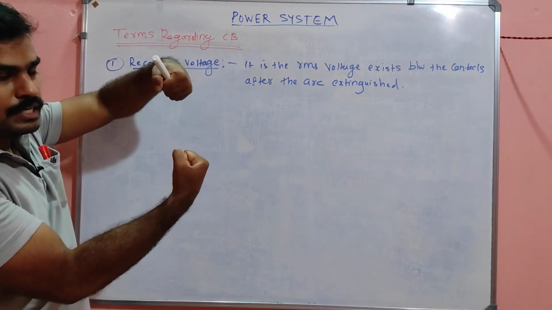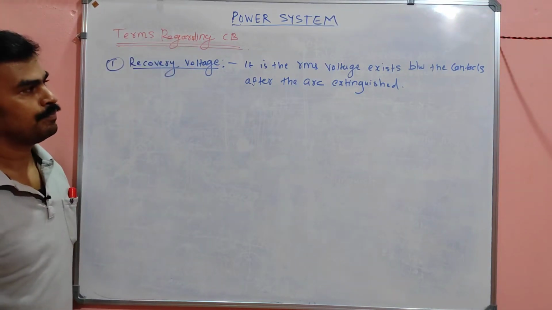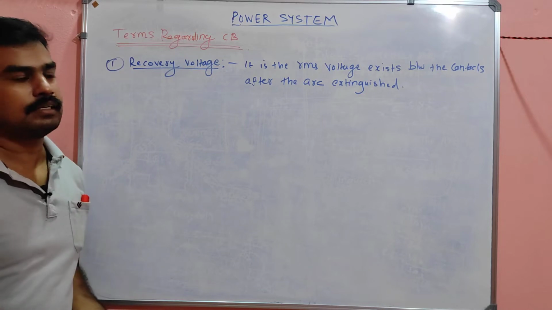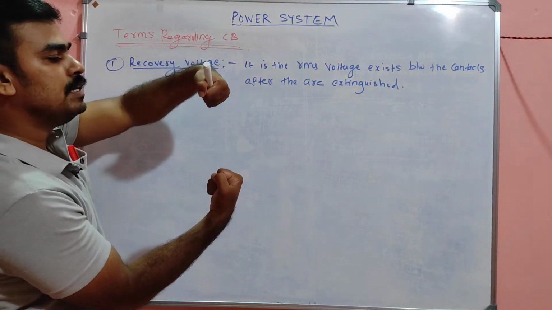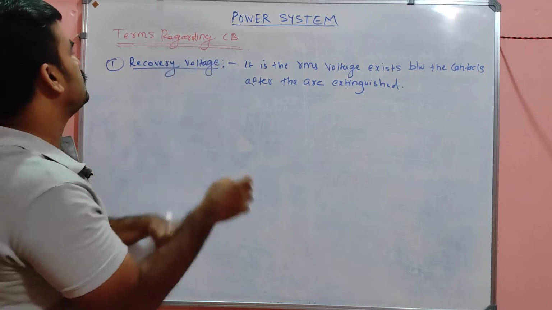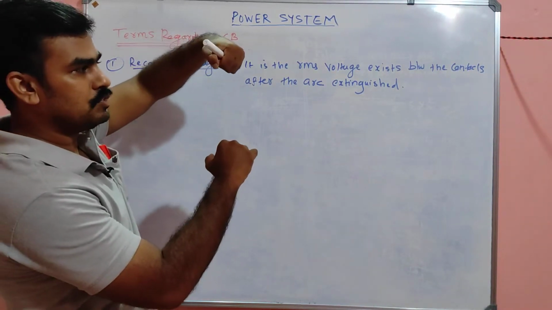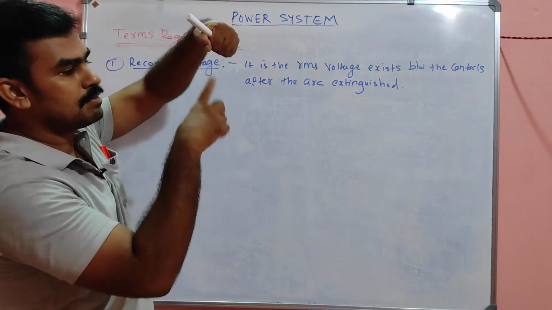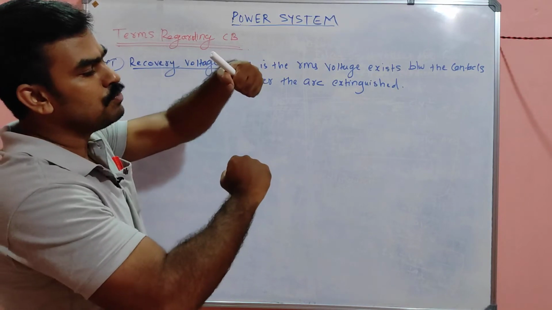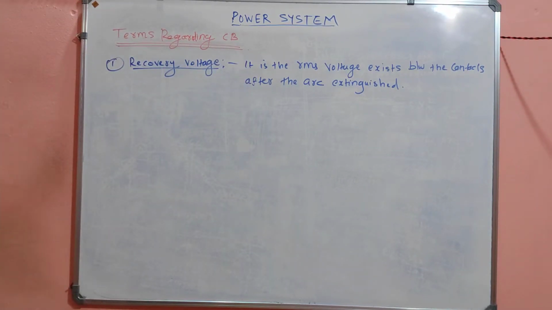At that break condition, as soon as the arc is extinguished, the voltage between these two fixed contacts is termed the recovery voltage, the RMS value of voltage.